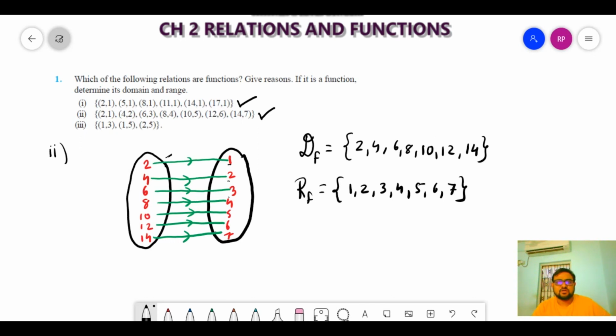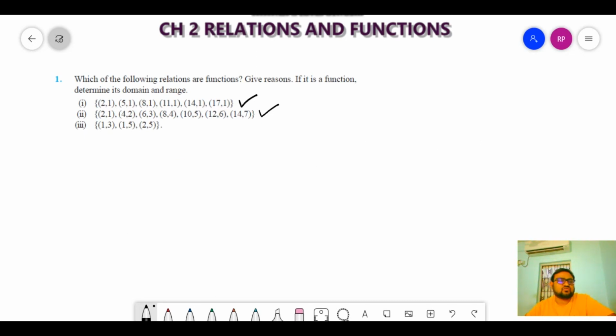Okay, now let's move to the next one, that is the third part of question number 1. The ordered pairs given here are (1, 3), (1, 5), (2, 3). So I will draw an arrow diagram.